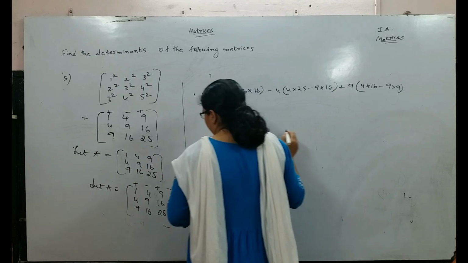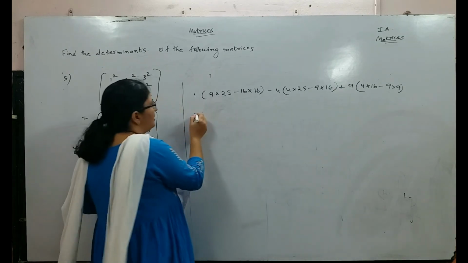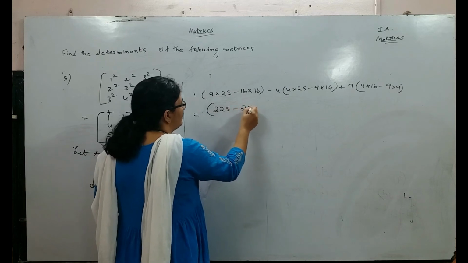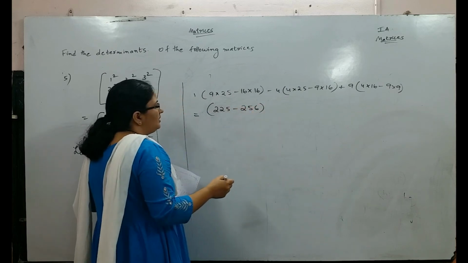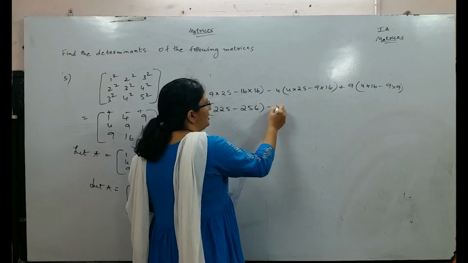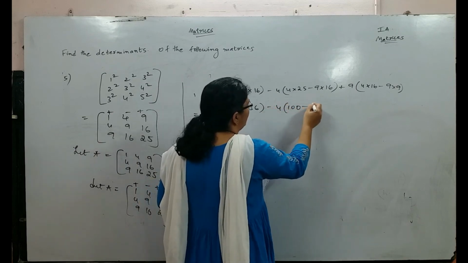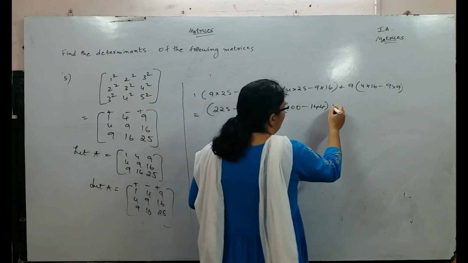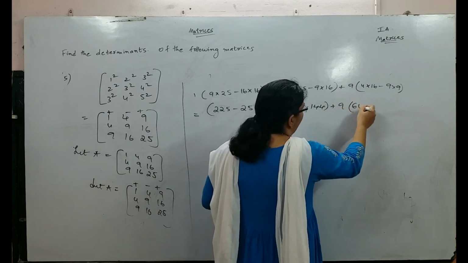This is what you have. So this is nothing but 225 minus 256, minus 4 into 100 minus 144, plus 9 into 64 minus 81.